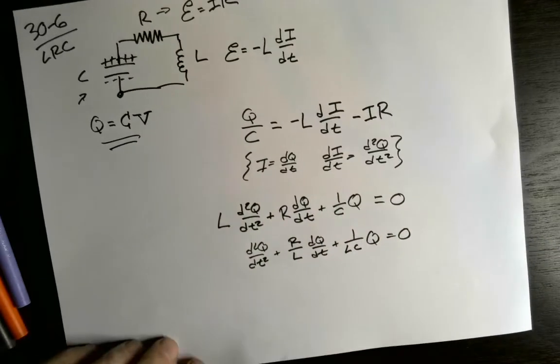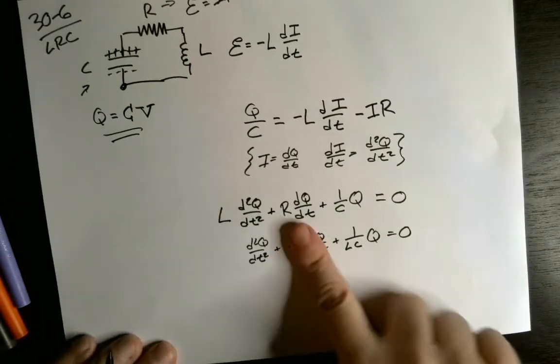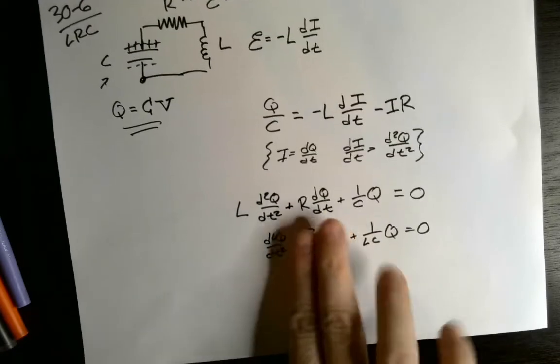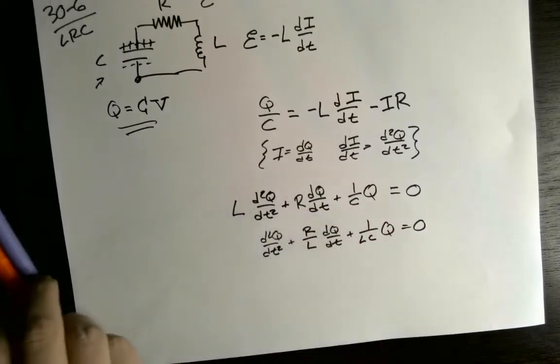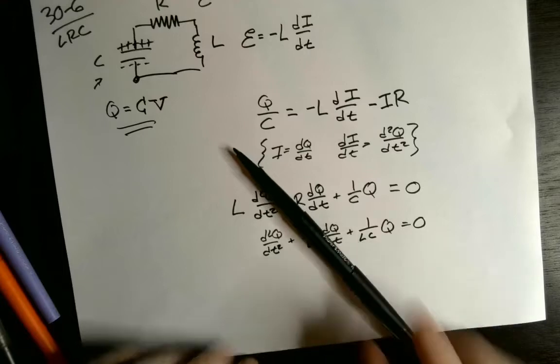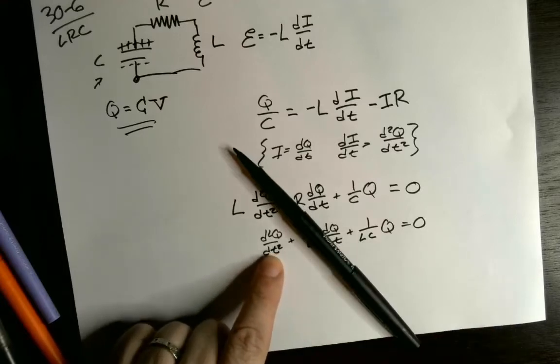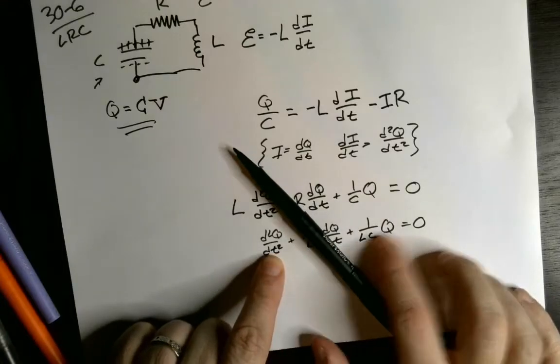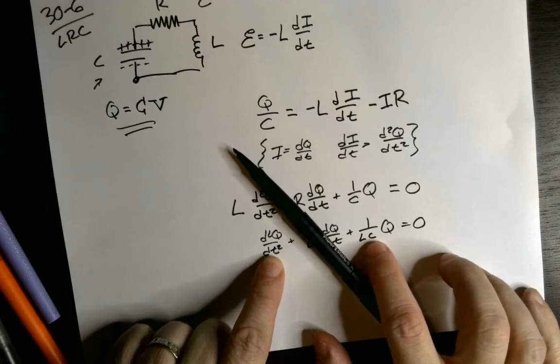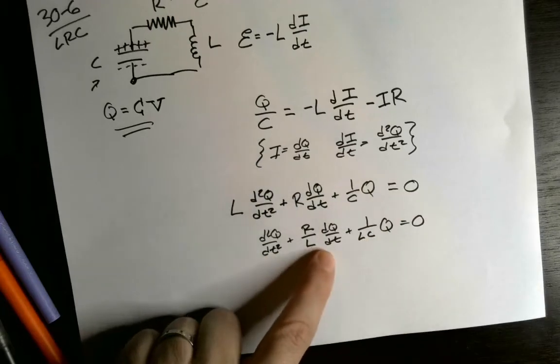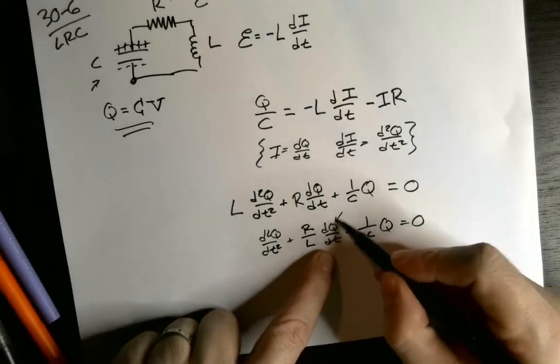That's the same equation as simple harmonic motion. The second derivative term plus the constant term. If I put this on the other side, it'll be the same equation we had before, but with the addition of this term that's proportional to the rate of change.